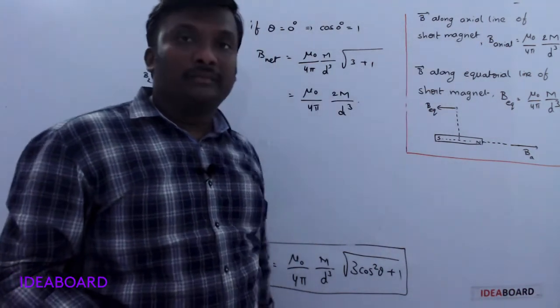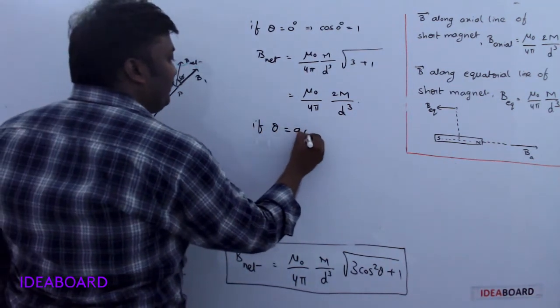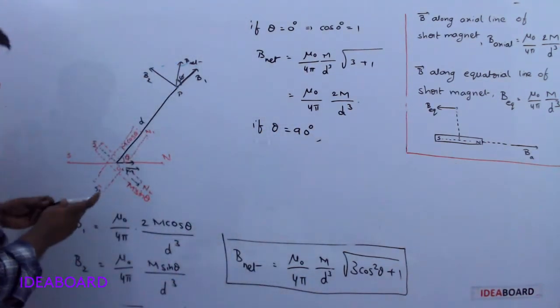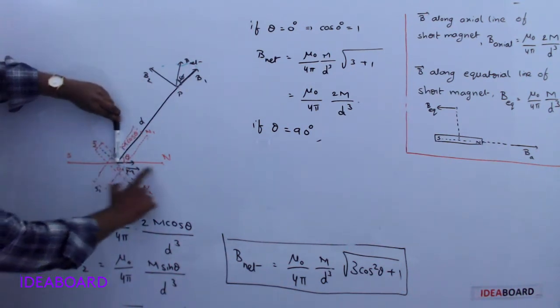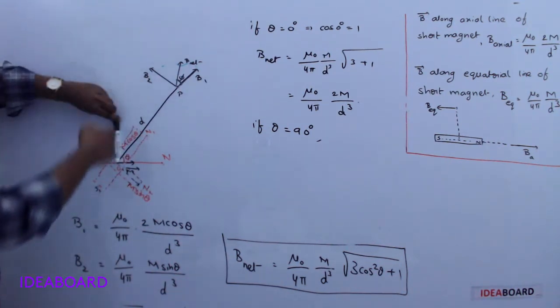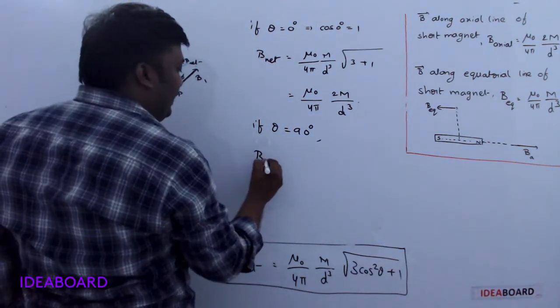Axial line value, verify. Next, if theta is 90 degree, it is like this. For this magnet, this line is the equatorial line now. So for the equatorial line, what happens? Let us check.